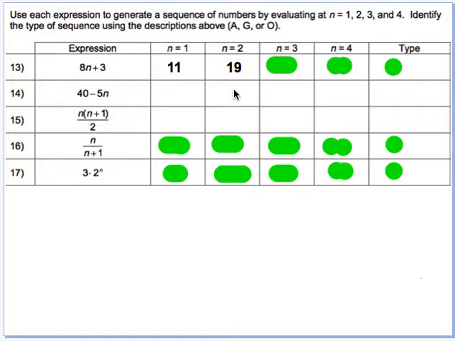And then for the third term, I have 8 times 3, so 24 plus 3 gives me 27. And for the fourth term, 8 times 4 is 32, plus 3 is 35. Now I need to figure out what type of pattern this is.